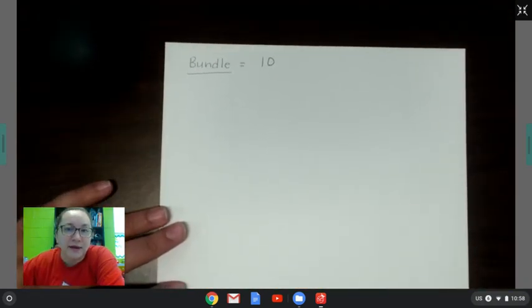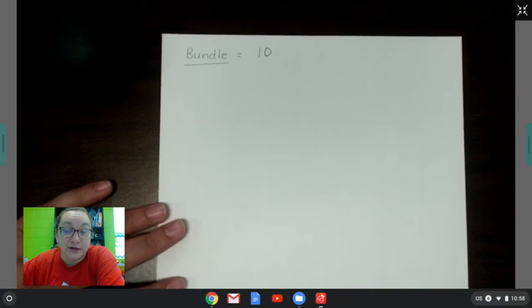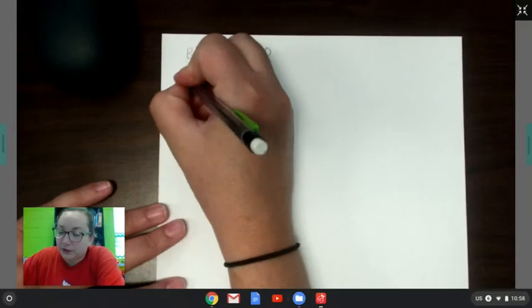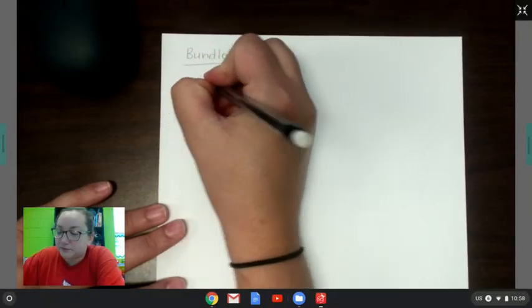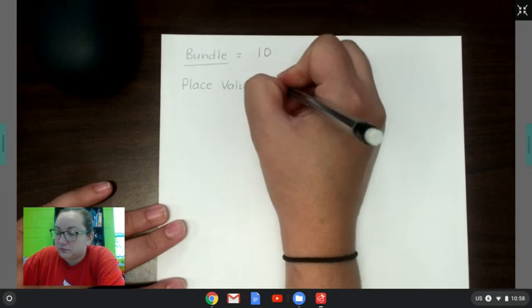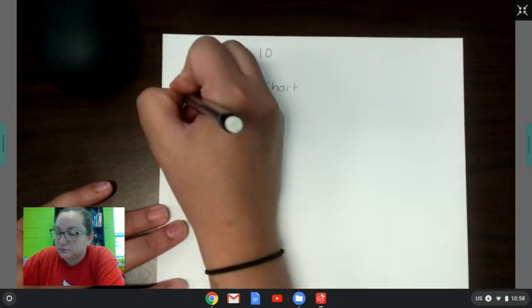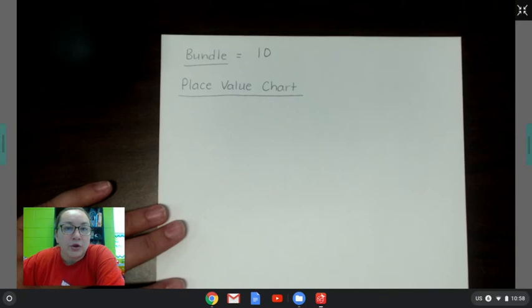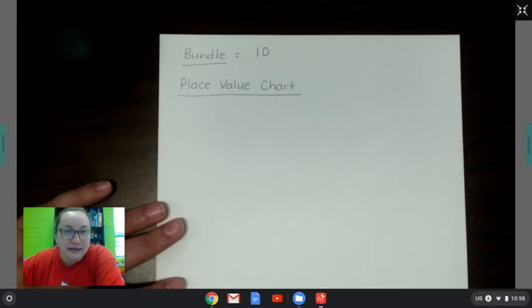Now, another thing that you're going to be hearing a lot of is a place value chart. I'm going to go ahead and write that down. You guys are going to be seeing in lesson 1 a lot of place value charts.